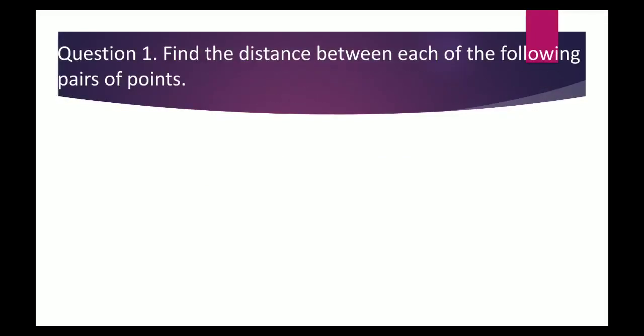Question number 1. Find the distance between each of the following pairs of points. We have a point P, which is minus 5 comma 7, and Q is minus 1 comma 3.